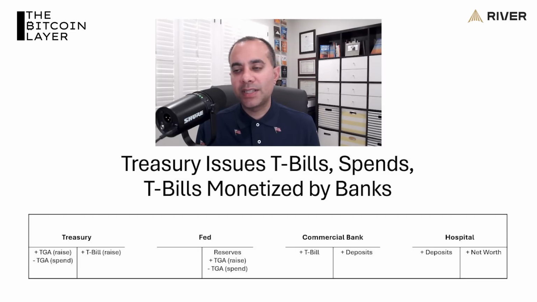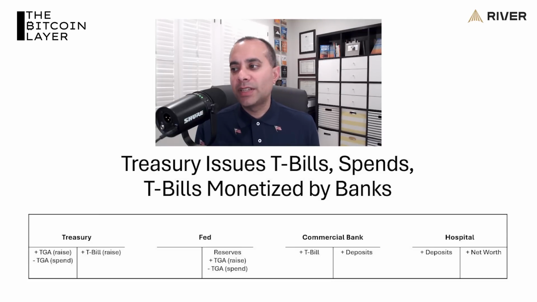I have a plus T-bill here, but under the hood, what's really happening is that when the government sends the hospital a direct deposit, the hospital has a new deposit at the commercial bank, Wells Fargo.